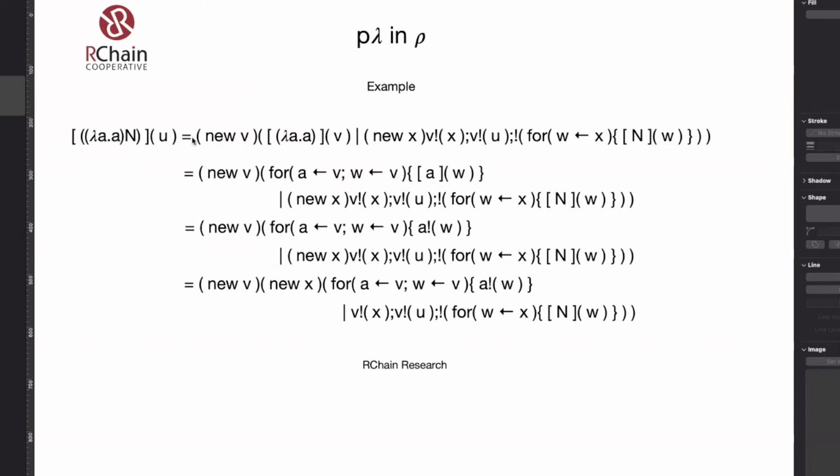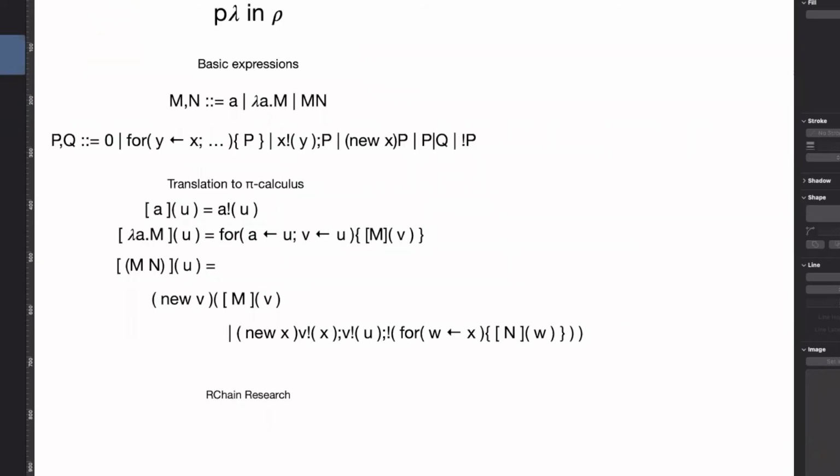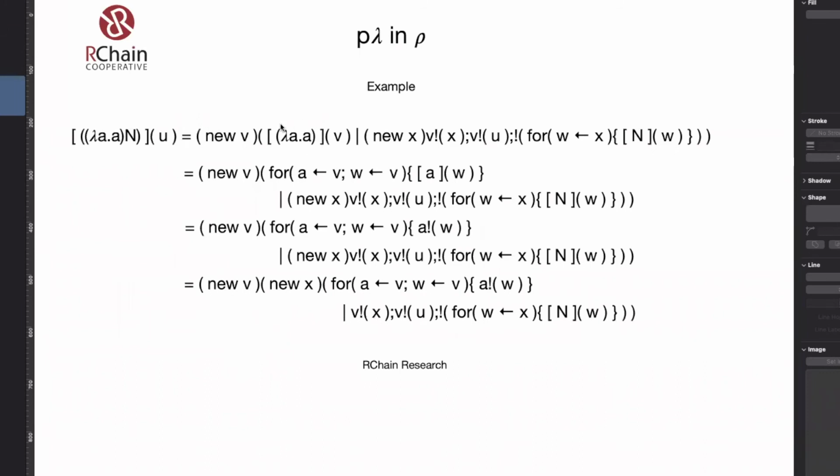So using the last line of the translation, let's remind ourselves of that. We make a fresh v, we evaluate the m term, which is lambda a dot a, using v, and run that in parallel with making a fresh x and shouting that over v, and then shouting u over v, and then from x getting w in order for n to evaluate to w.